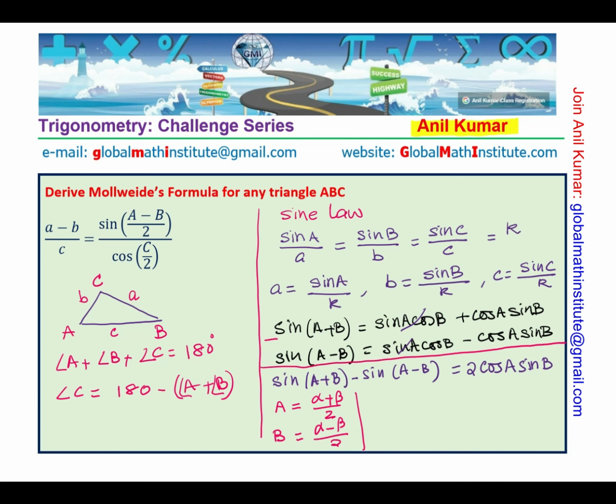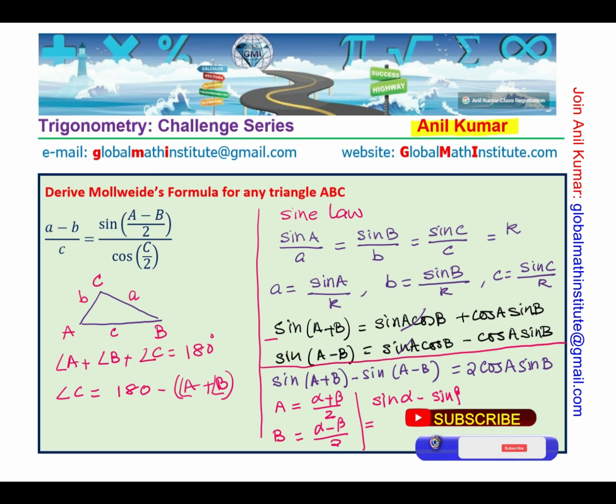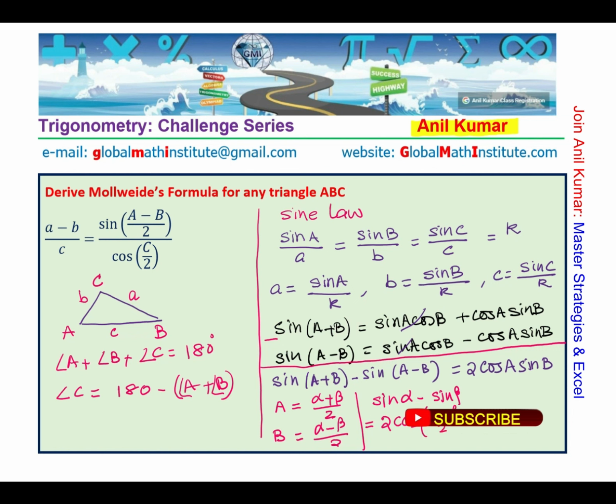So if I do that, I get sine alpha minus sine beta equals 2 times cos of (alpha plus beta) by 2 times sine of (alpha minus beta) by 2.